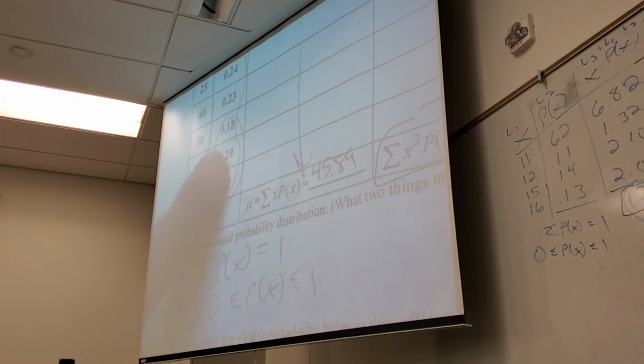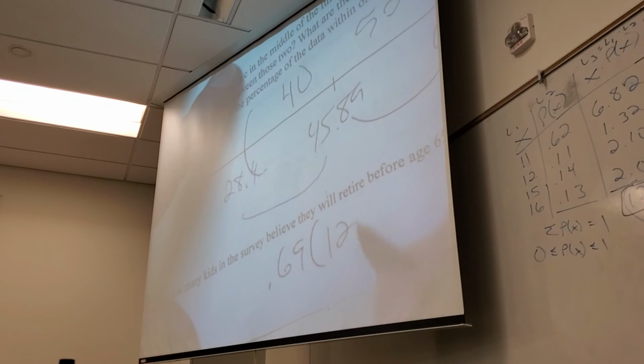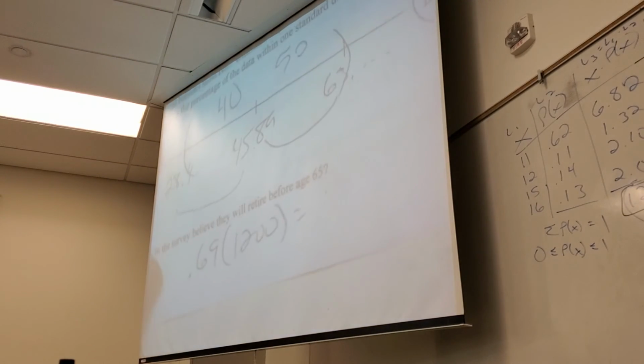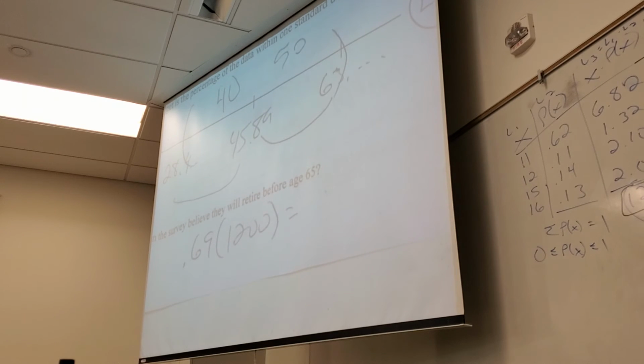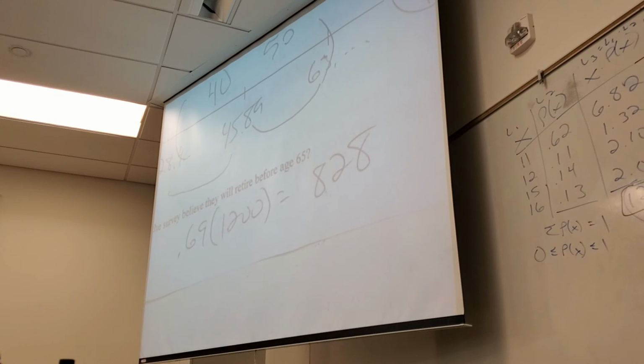This is 31%, so 69%. 69% of 1,200 kids is 828. So 828 kids are really being silly.